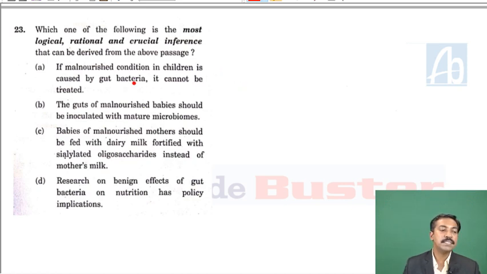We are not discussing the treatment of malnourished children. The passage stops with identifying the cause of malnourishment. So the options that discuss the treatment of malnourishment can be eliminated. So option A gets eliminated. So is the case with option B. The guts of malnourished babies should be inoculated. That again relates to the idea of treatment.